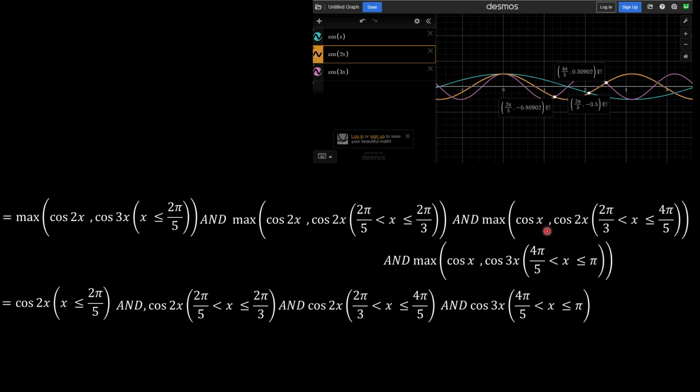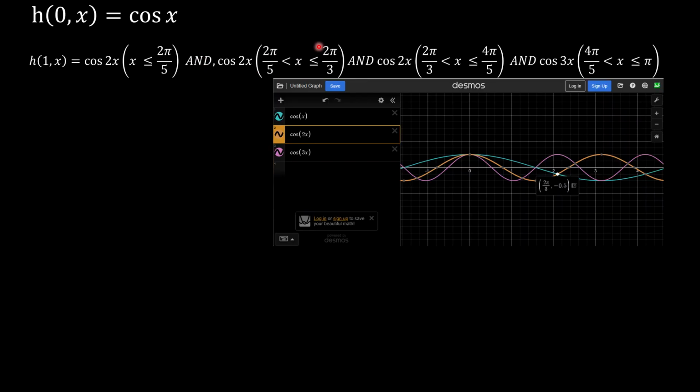Now from 4 pi over 5 to pi, between cosine x and cosine 3x, we see that cosine 3x is above the blue. Okay, that's important for us.